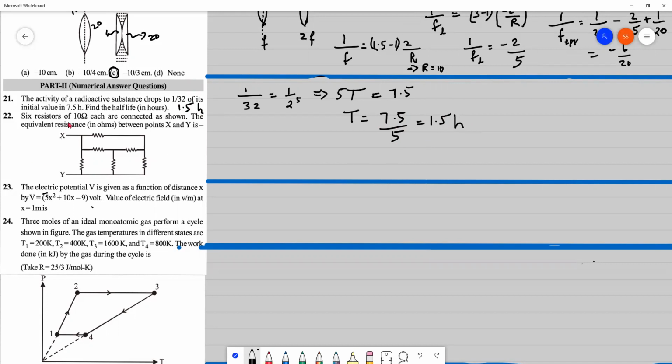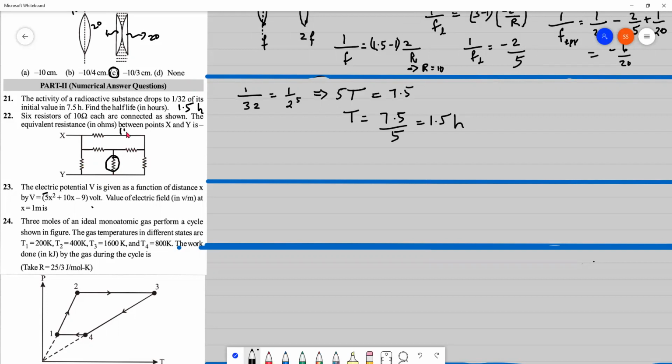For the next one, 6 resistors of 10 ohm each are connected as shown. The equivalent resistance between points X and Y is asked. This is a Wheatstone network, where you can cancel this part, as the current will not flow through it. So these two and these two become parallel, and this also becomes parallel.